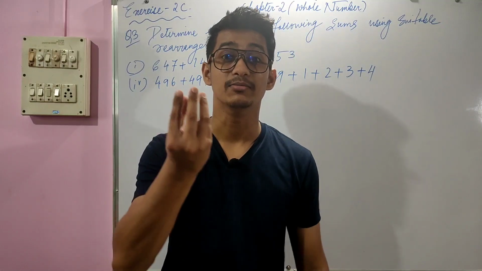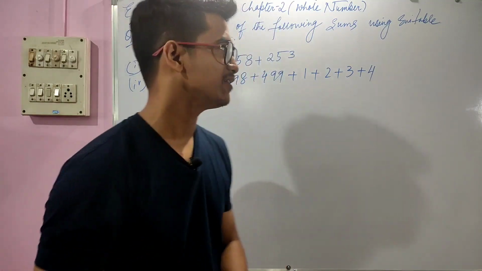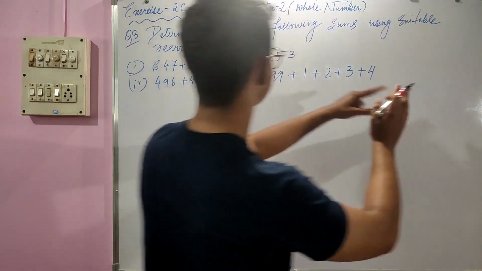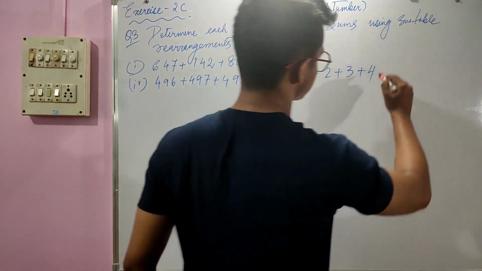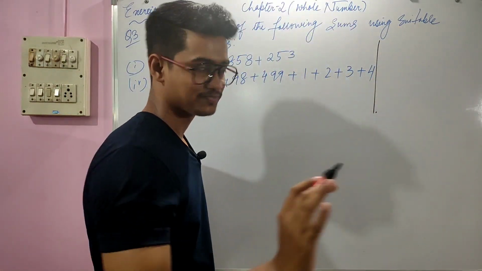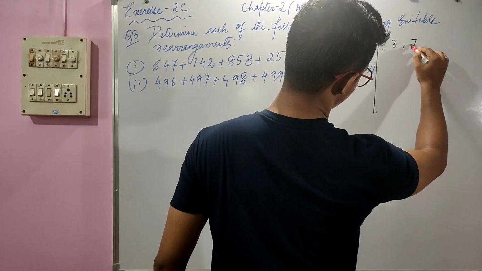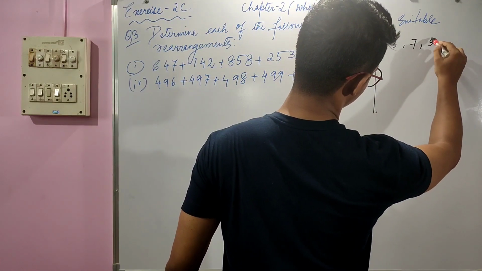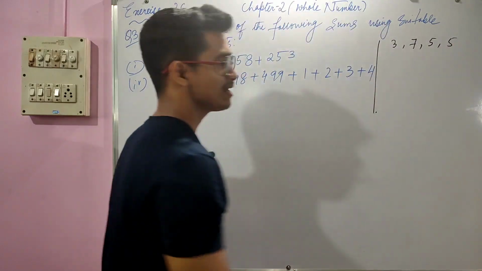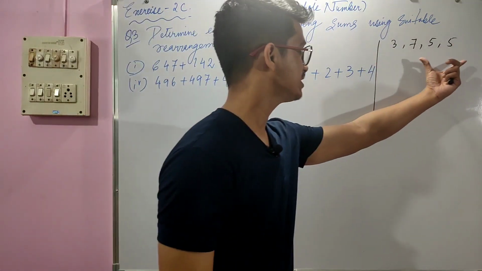What I'm talking about, if I forget these questions first of all, let me just take one example. Let's say 3, 7, 5, 5. There are multiple ways of doing this.